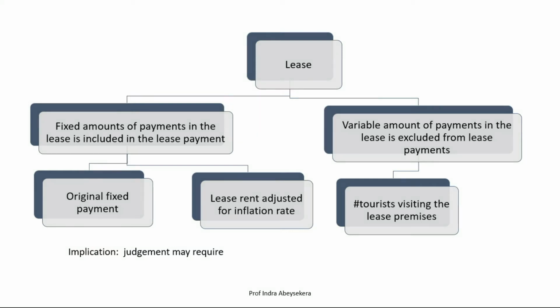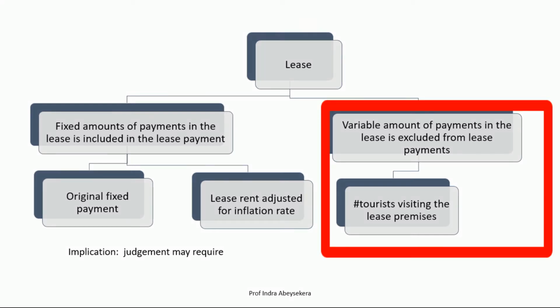In a variable amount situation, the lease payment could vary with the number of tourists visiting the leased premises or the sales performance of the leased premises. Such variations, due to factors that are linked to the lease payments, are not included in the lease payment.